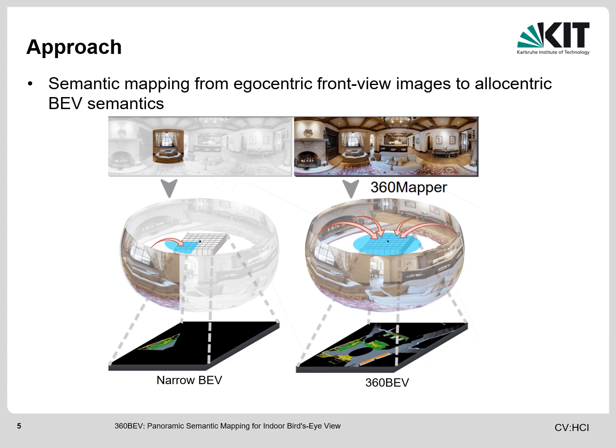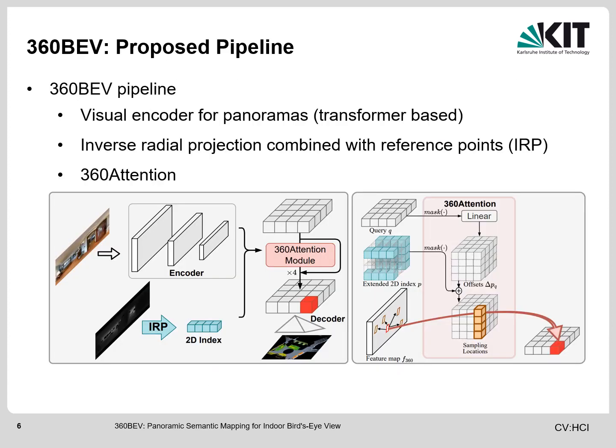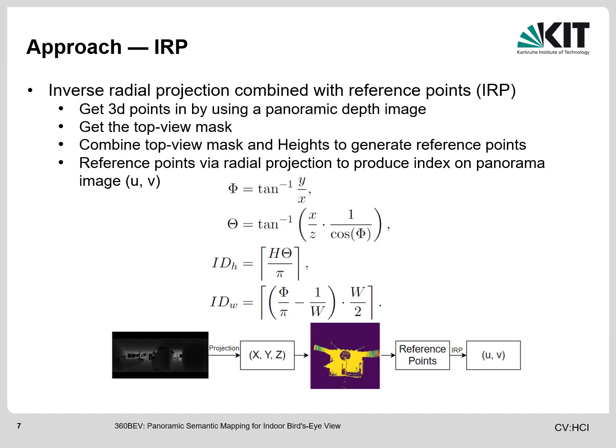One key advantage of this approach is that it uses a single panoramic image to capture everything around the camera, avoiding the need for processing many video frames or using multiple cameras. Our approach also follows an encoder-decoder structure, with a transformer-based vision encoder for panoramas and inverse radial projection combined with reference points and the 360 attention module.